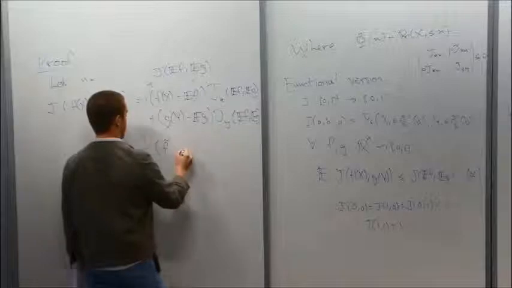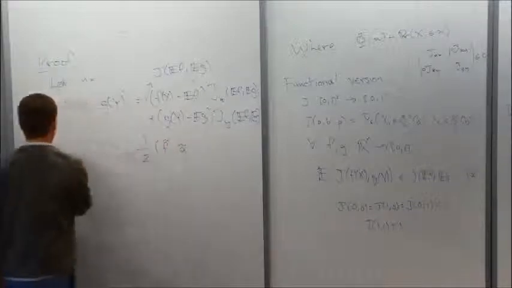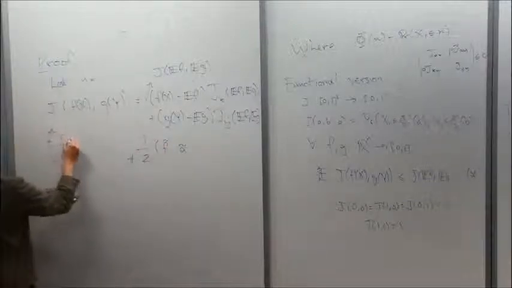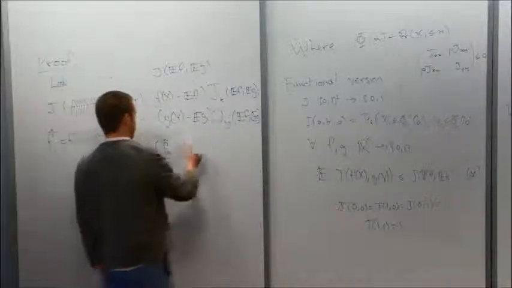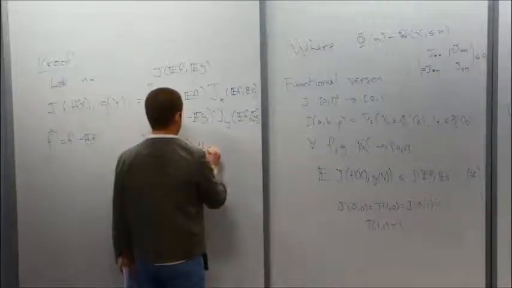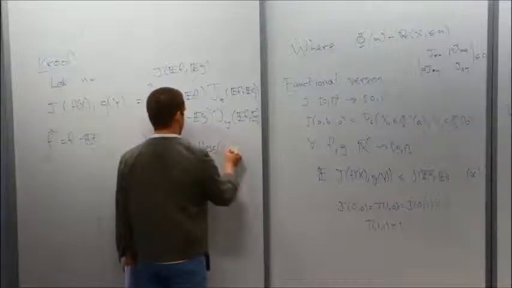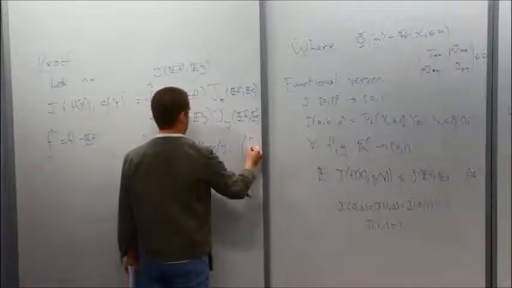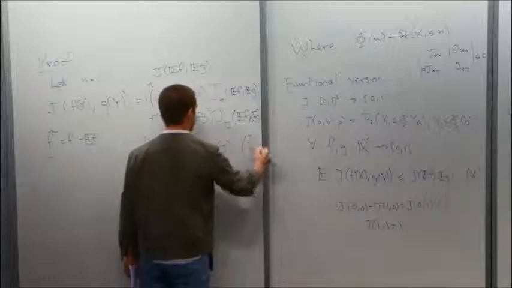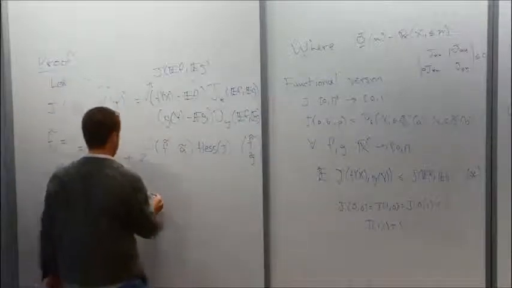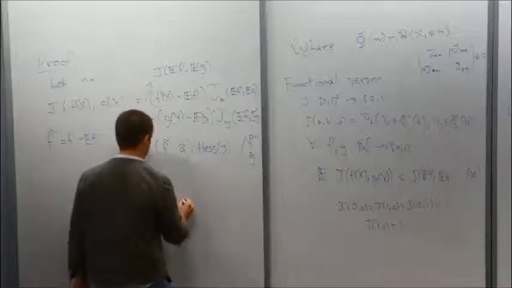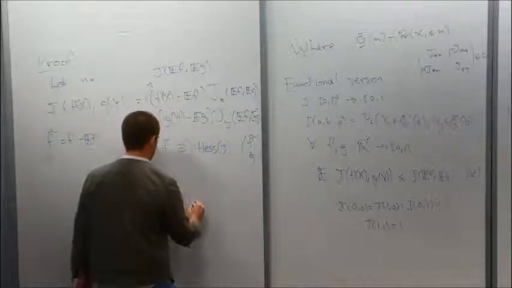I'm going to start writing f tilde and g tilde for f minus the expectation, and so on. And then what I have here is the Hessian of J, applied to f tilde and g tilde. Okay, and now there's a third order term, and now I'm going to give up and just say order of f tilde cubed.